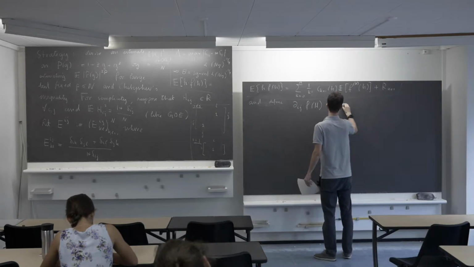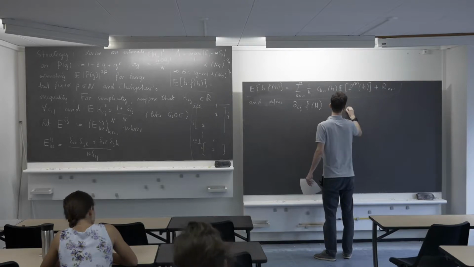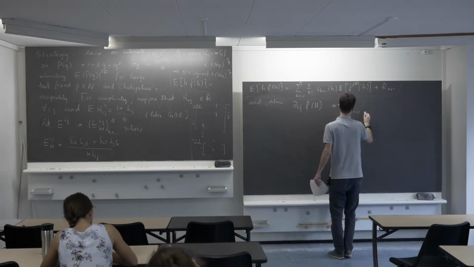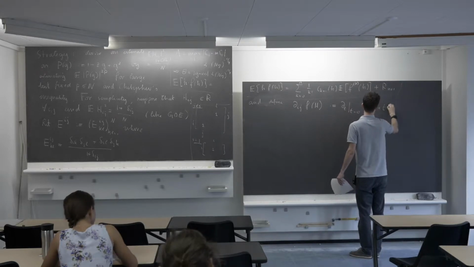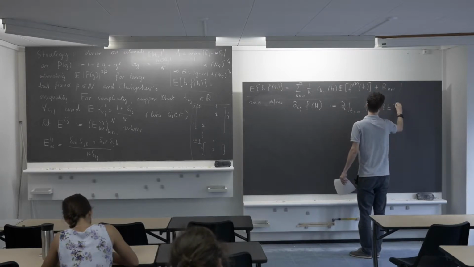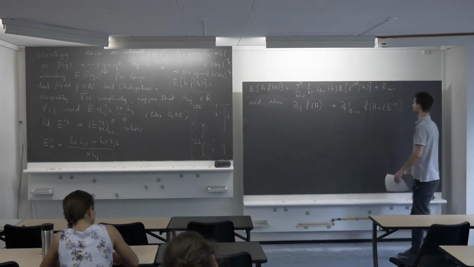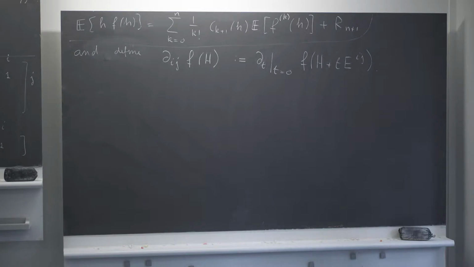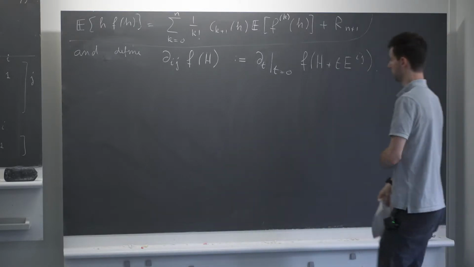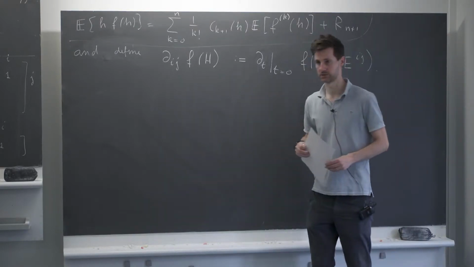So this is equal to d over dt, at t equal to 0, of f of h plus t Eij. Okay, so I'm differentiating in the space. You see, I want to remain always within the subspace of symmetric matrices.